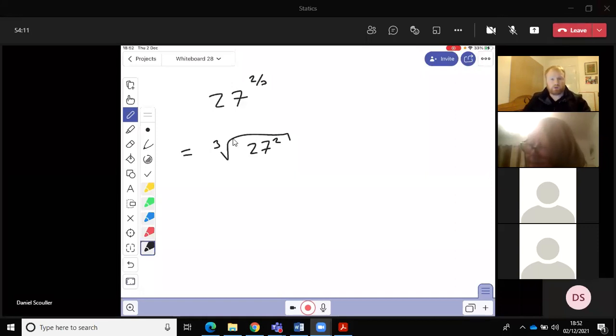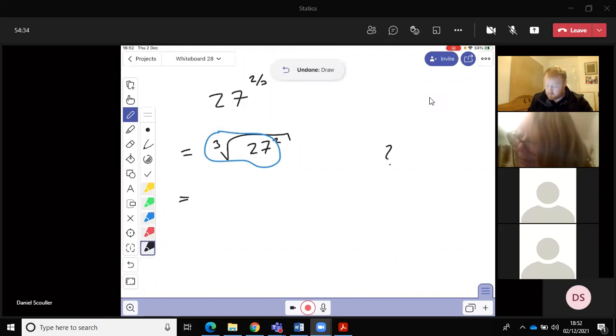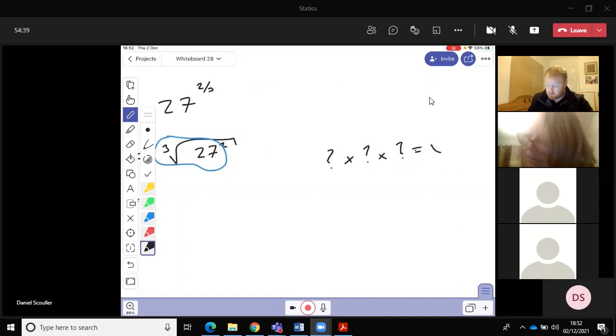So we started off with that. The first one was 27 to the power of 2 over 3. If we write it in the form with the root on the outside, the first thing to focus on is what 3 numbers multiply together to make 27. 3 times 3 times 3 equals 27.